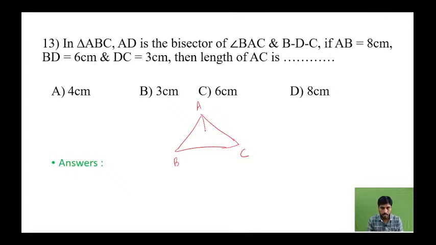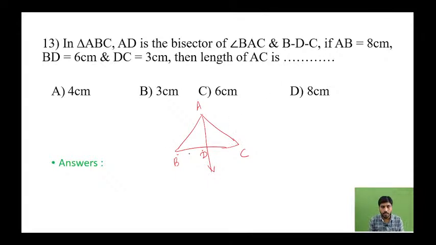So there will be a bisector from angle A, which will intersect the opposite line at point D, and B, D, C are in a segment.